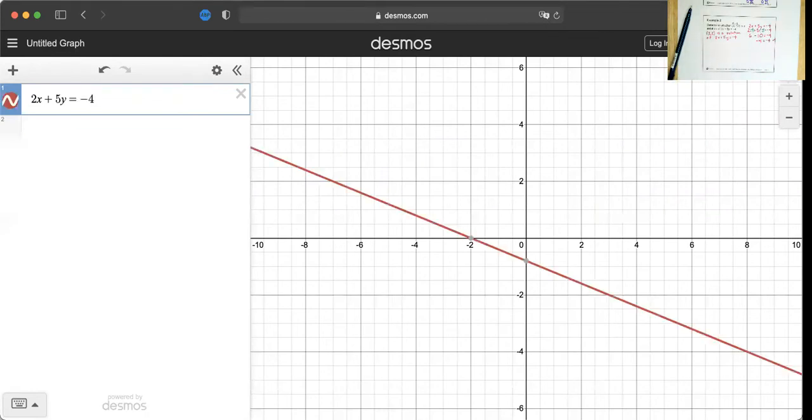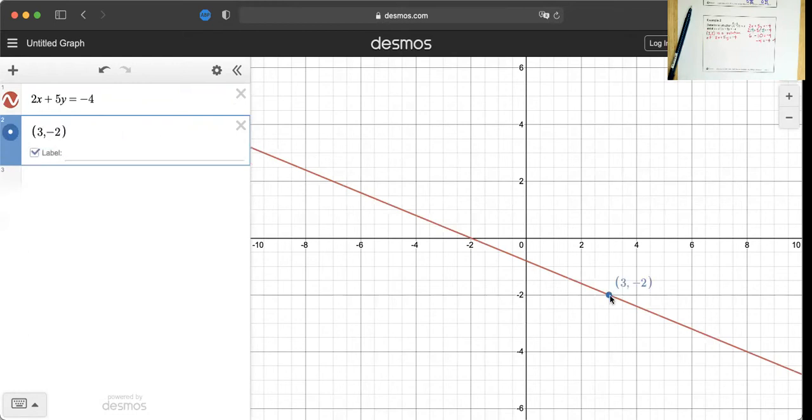And then you can type in 3, -2. This shows you that this point is on the line, the graph of this equation.